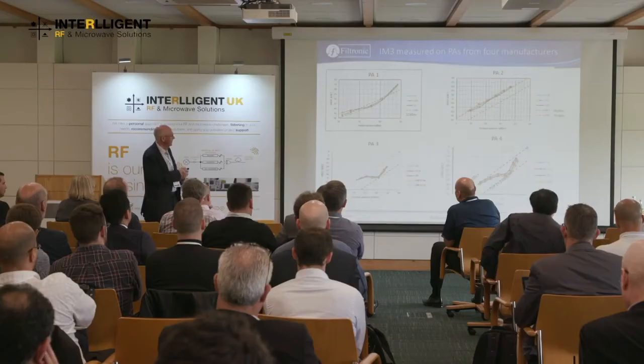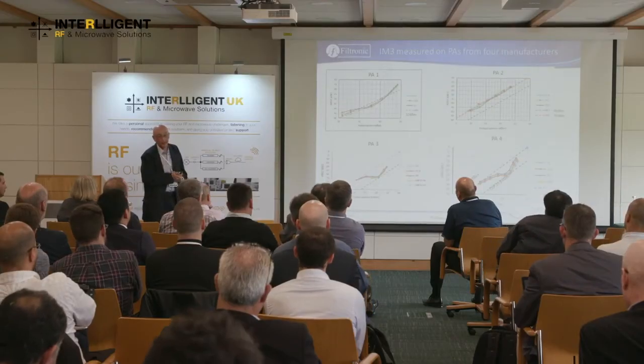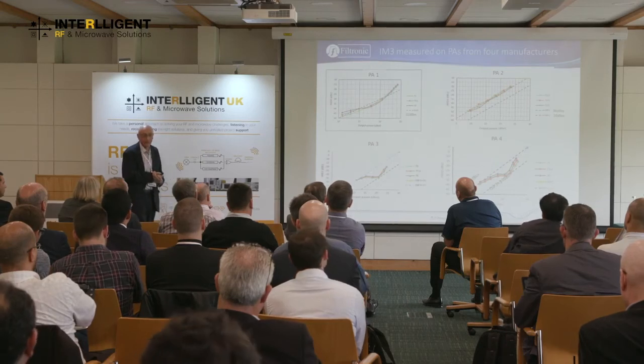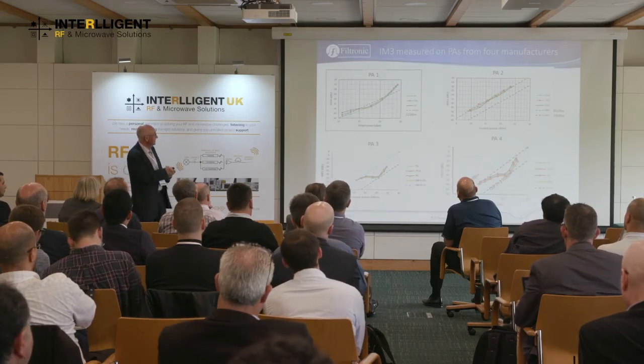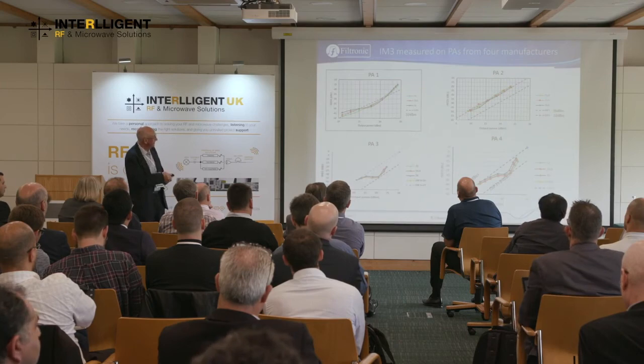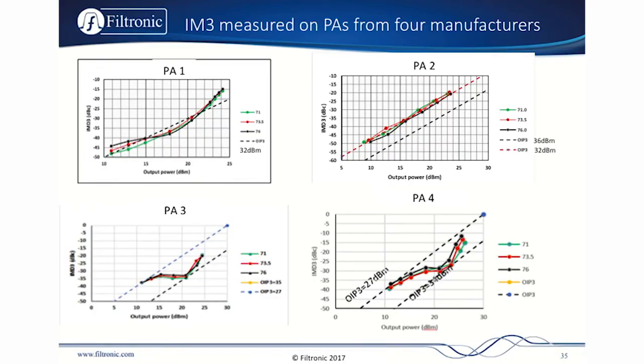But the reason I say we need to measure things is, if this is 4 power amplifiers from 4 different manufacturers, and this is the IMD versus output power for each of these. Now, if you think OIP3 is a useful measure, then sometimes it is. Often it's pretty useless. The OIP3 varies dramatically with output power.